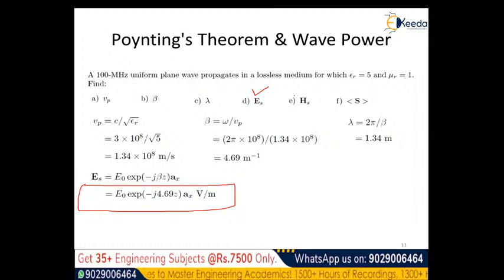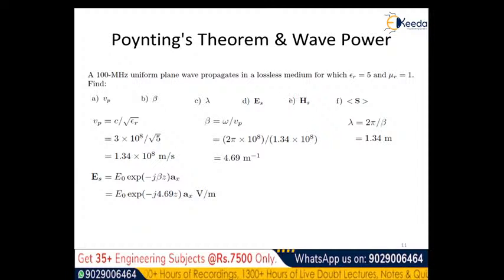Now in the part E, next to that we require the expression for HS here. First of all, the relationship between ES and HS we know, that is with the help of the constant of proportionality, the intrinsic impedance of the material medium here, that can be denoted by eta here. So for the concerned lossless medium, given the relative permittivity and the permeability of the material medium here, we can use eta equal to eta 0 divided by square root of epsilon r.